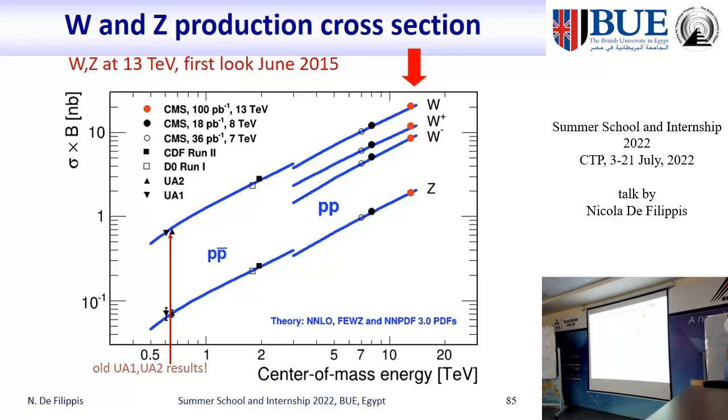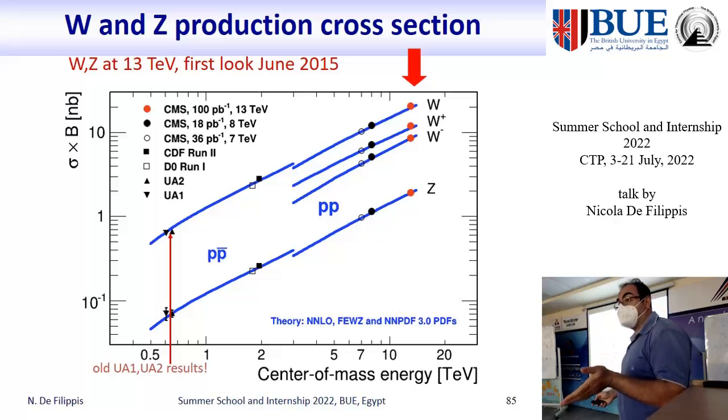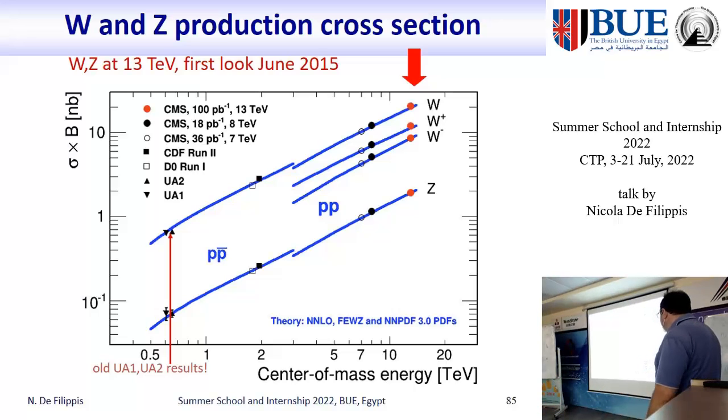So, for example, UA1 and UA2 were the experiments used by Carlo Rubbia to discover the W and Z and to measure the cross-section for the first time. And then there were measurements at CDF and D0 at Tevatron, Fermilab in Chicago, and then those by CMS and ATLAS. And all of them are compatible with the prediction about the cross-section given by the electroweak theory.